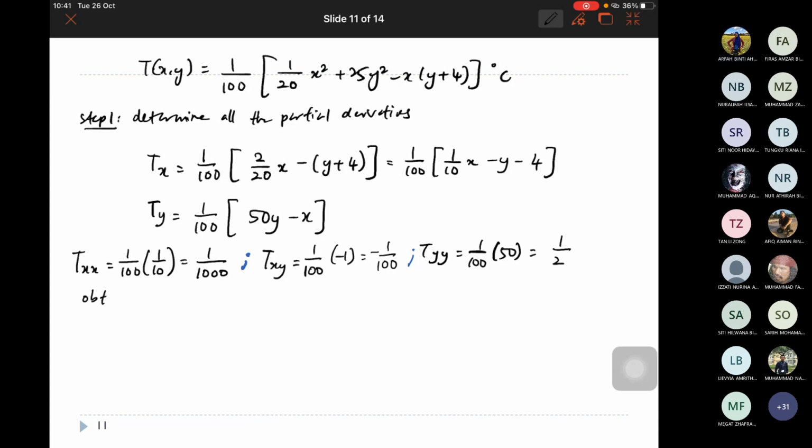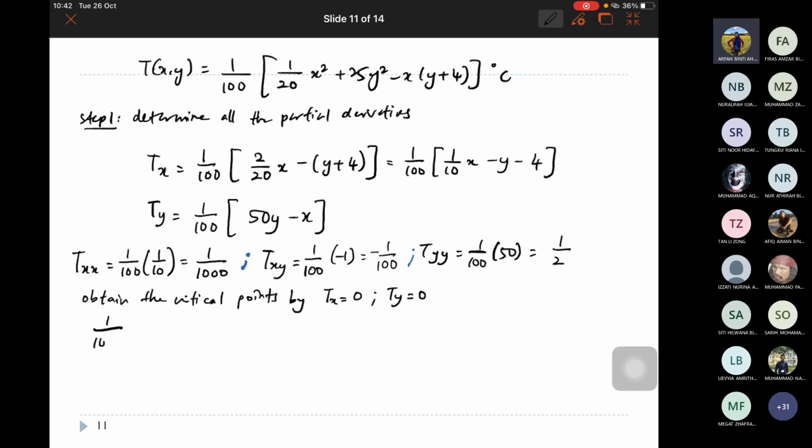Then obtain the critical points by setting Tx sama dengan 0 dan juga Ty sama dengan 0. So solve the equation simultaneously.